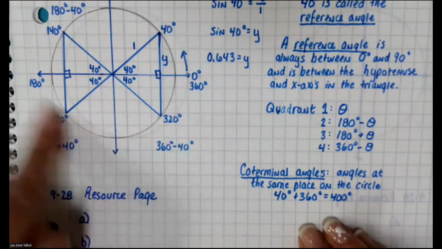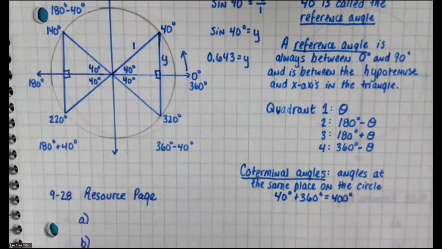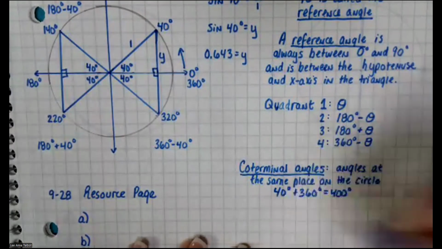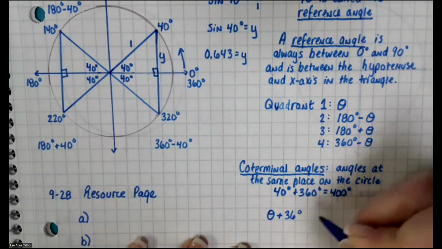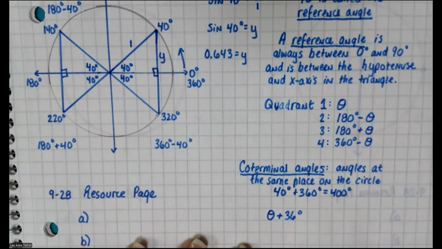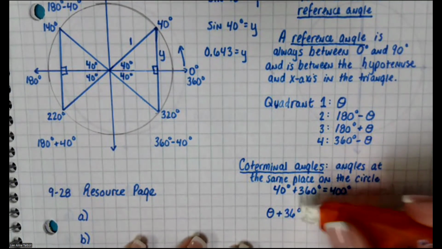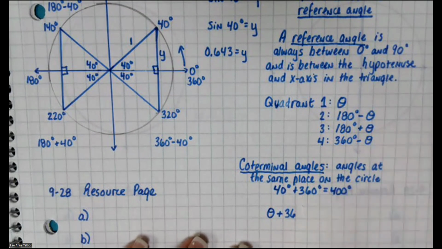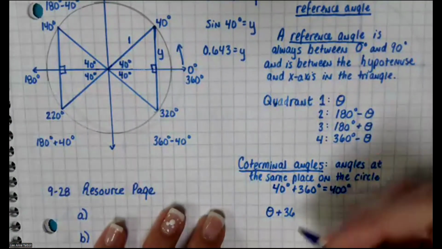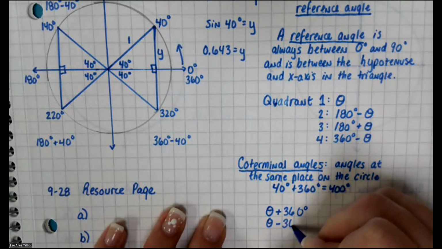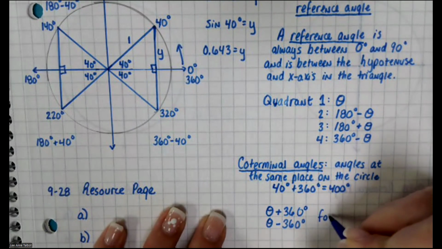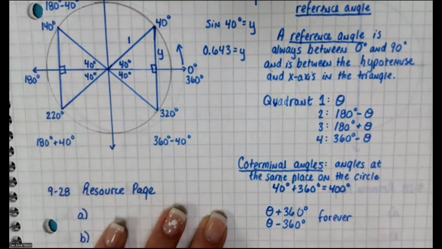Minus 360, minus 360, minus 360. Okay, anyway, so to calculate coterminal, you take your angle plus 360, not 36. My brain moved faster than my hand did. Or minus 360, basically forever.